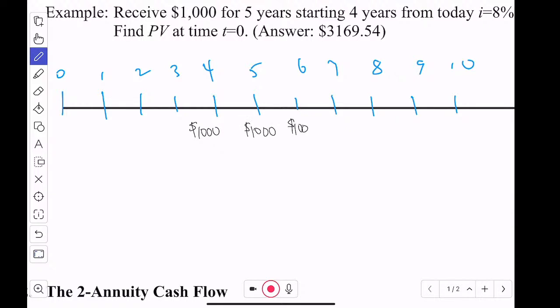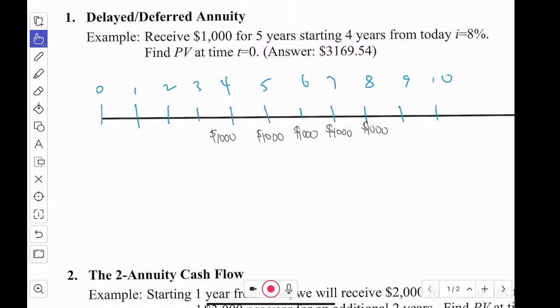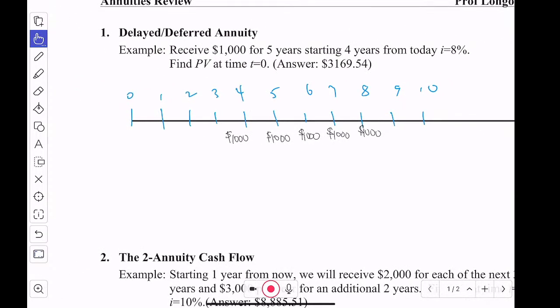So this is the timeline. If you can draw it, it helps to visualize, because you want to match it to a formula. So that's 5. 1, 2, 3, 4, 5 brings us to year 8. So I don't need this extra stuff here.